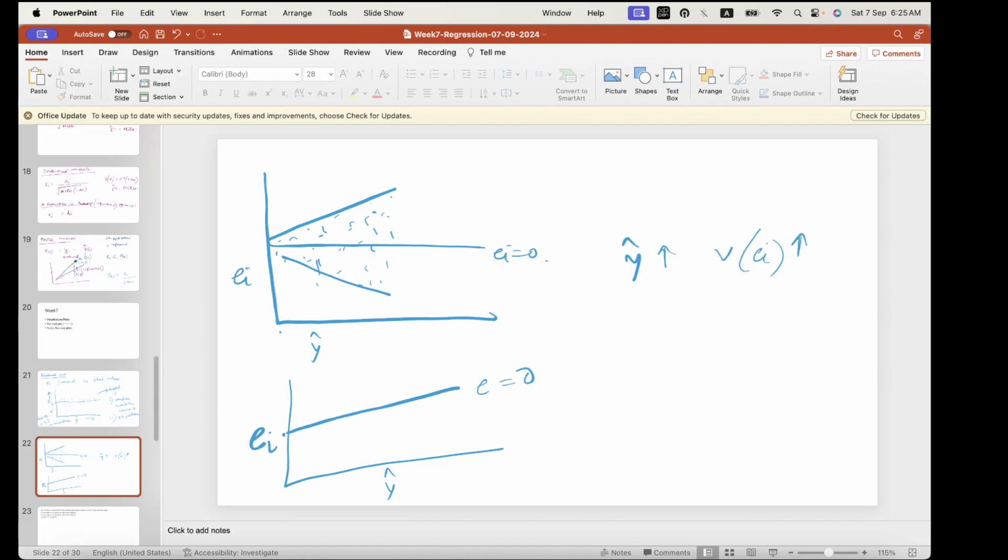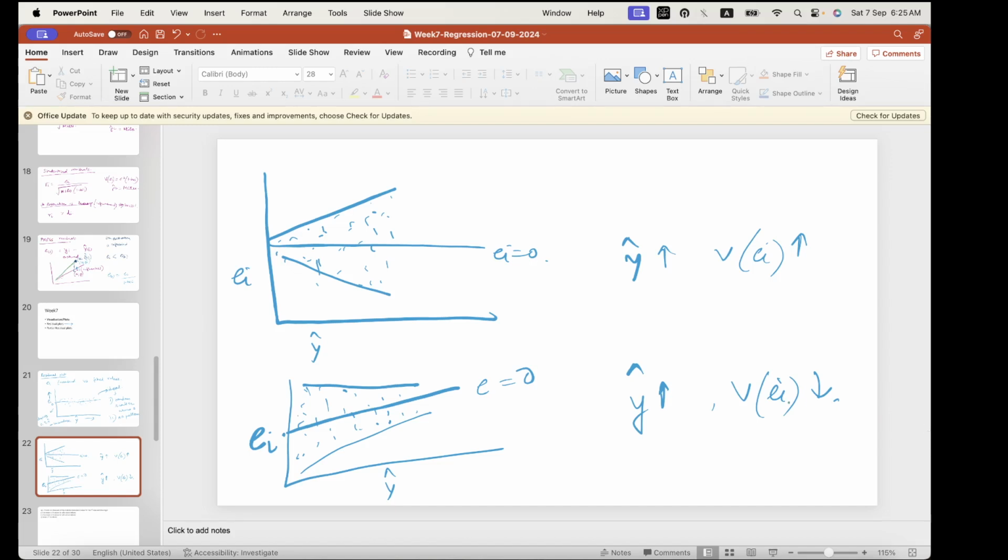And we can have something like this also, where we have a lot of points and then as y hat increases the scatter narrows. This implies that as y hat increases, the variance of e_i is decreasing. Both of these are violations of the underlying assumptions of OLS.